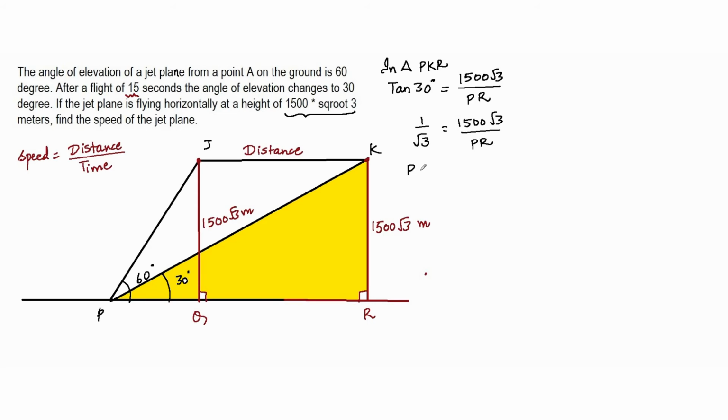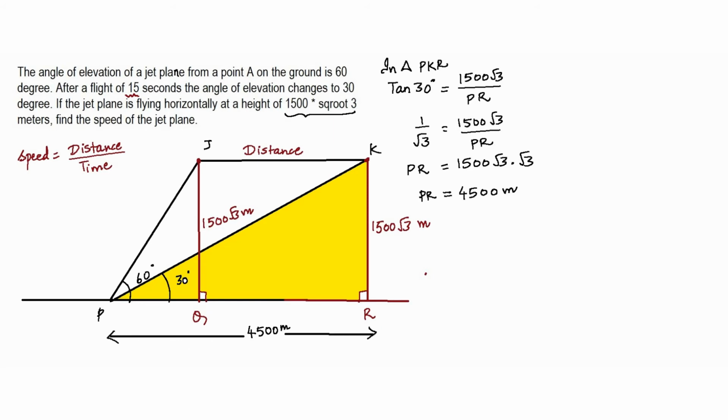Cross multiplying, we get PR equals 1500 root 3 multiplied by root 3, which is equal to 1500 into 3, that is equal to 4500 meters. Therefore the horizontal distance PR is 4500 meters.